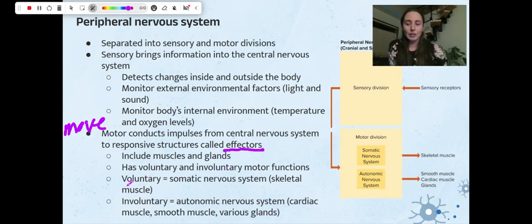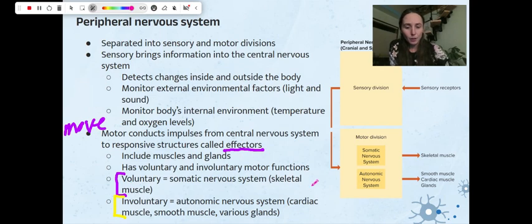If we talk about voluntary, we are talking about things that we are trying to do. Jump and run, use our skeletal muscles to get stuff done. It's also talking about things that you probably have to actively think about to control. When we talk about our involuntary movements, this is like our autonomic nervous system, so our cardiac muscle, which is, again, our heart beating, right?